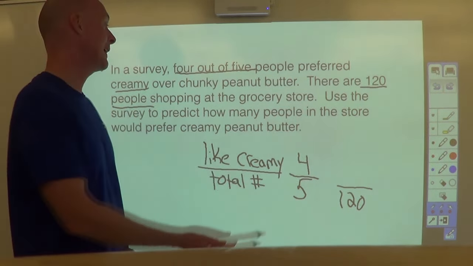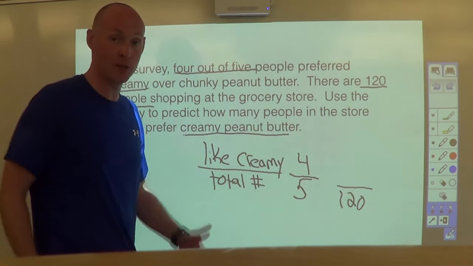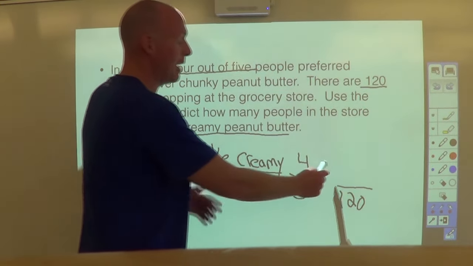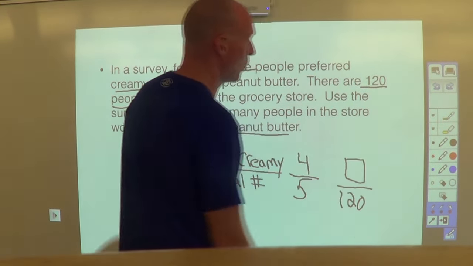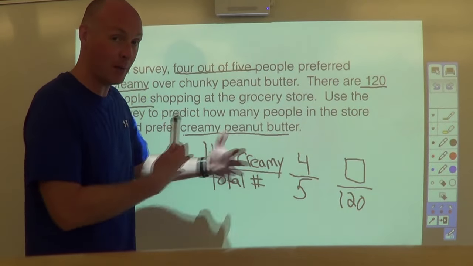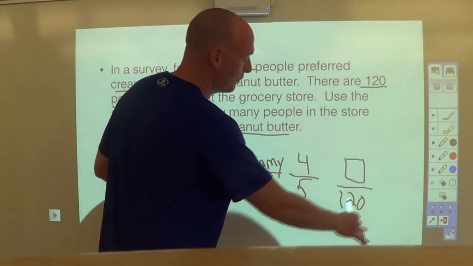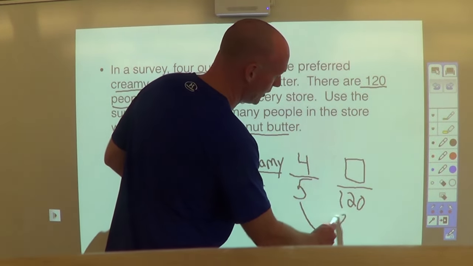Use this survey to predict how many people in the store would prefer creamy peanut butter. So we have to figure out how many in the entire store will prefer creamy. We don't know, but we have enough tools here to figure it out. So if the total was 5, and the total went to 120, we know we're going up.